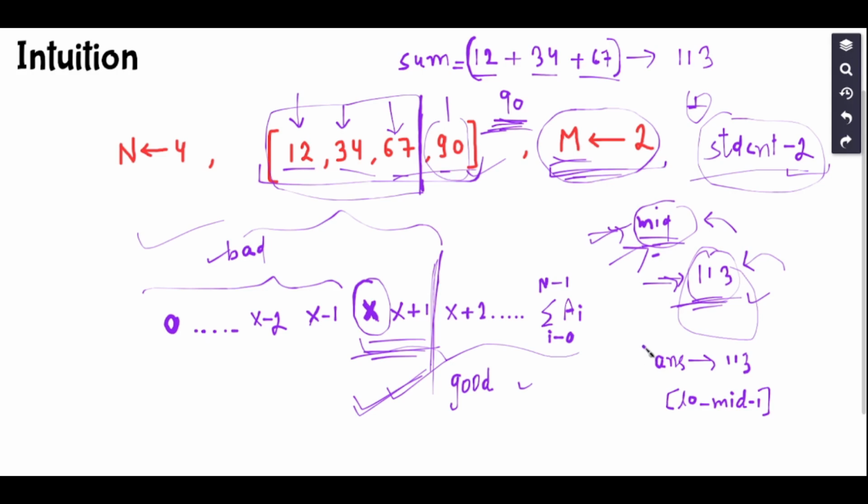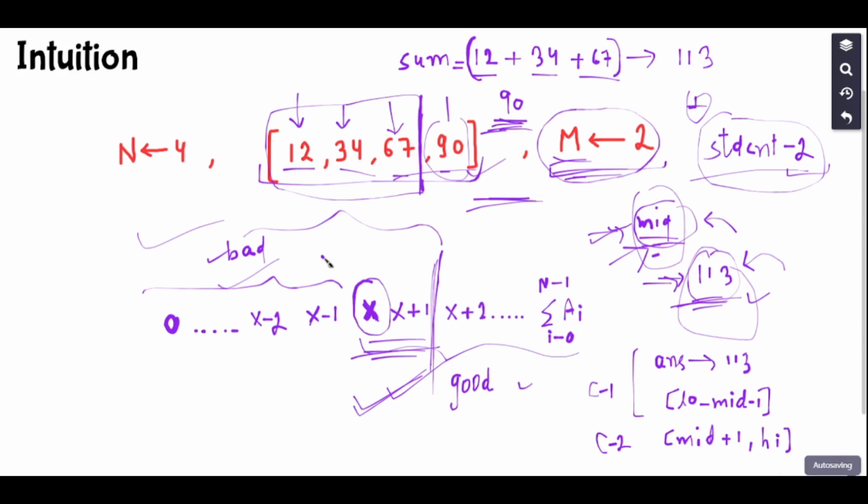Otherwise, if this mid lies on the bad side, that is case number 1, and in that case we just reduce the search space to mid plus 1 to high. Why? Because the element which satisfies our conditions will lie on the right side.